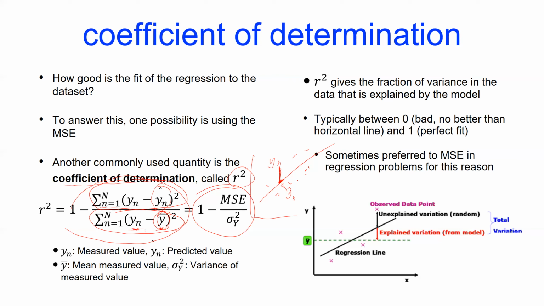Think about that. I will give you more details next, but try to think about that. Does R square equal to 1 indicate anything, or R square equal to 0? What does that mean? I will try to provide more details about why this R square is a good measure.